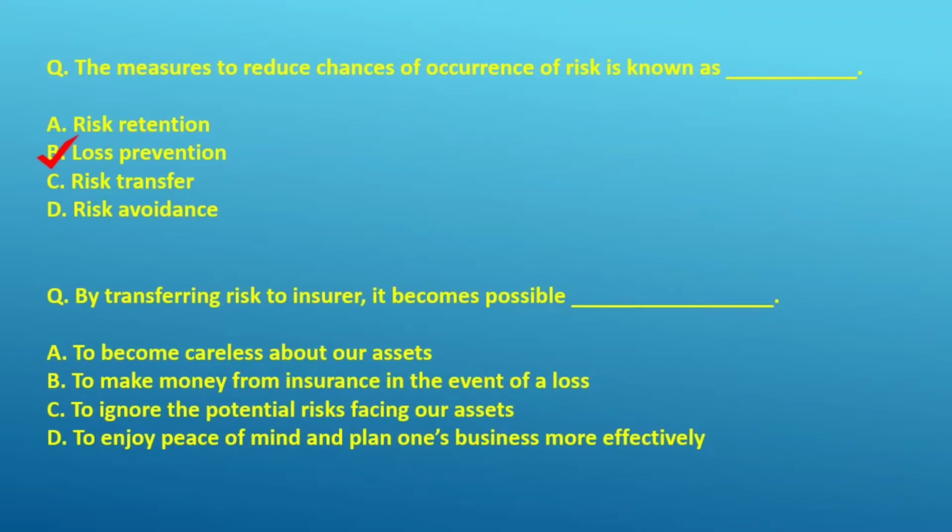If you get your shop insured, then whatever the loss incurred will be compensated by the insurance company. So you need not worry about risks like theft or fire in your shop, and you can do your work peacefully and make plans for improving your business. So the correct answer is D, to enjoy peace of mind and plan one's business more effectively.